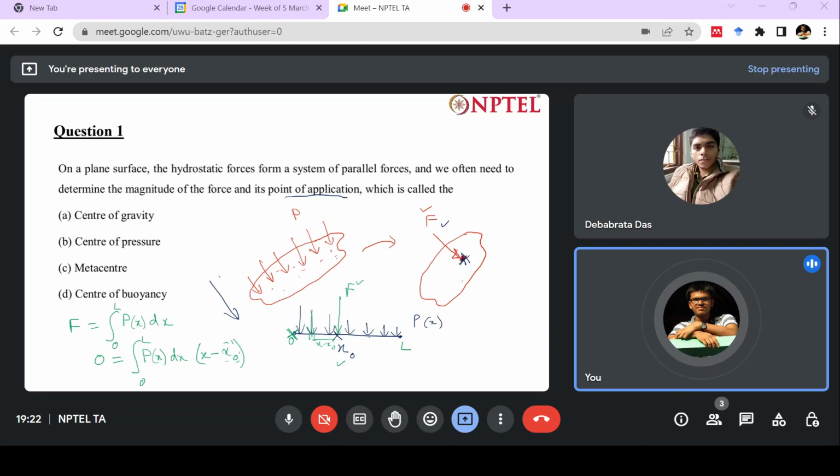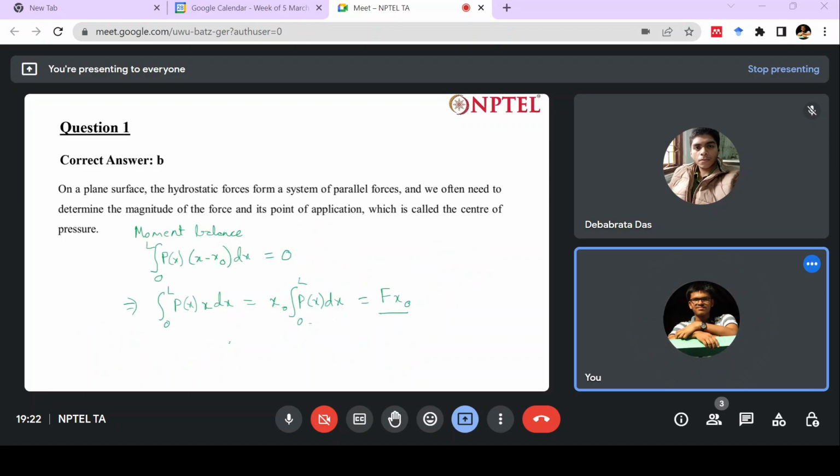You take a small element, the force on that small element is p(x) dx, and the distance from this 0 is x, so x times p(x) dx, and I will be integrating this over the whole length. That is exactly the second term. So if you take a moment balance at any point of this particular plate or surface, you will get the x0. This is an easier method to calculate this x0.